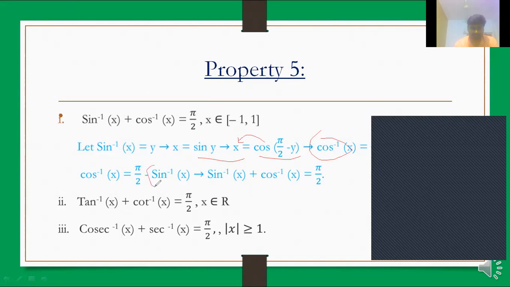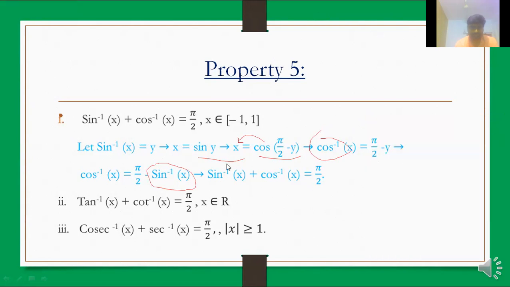What is the y value? Sine inverse of x. So in place of y, I can put sine inverse of x, and we get cos inverse of x plus sine inverse of x equals pi by 2. Like that we can prove the remaining two also.